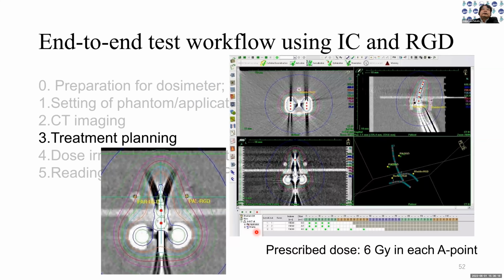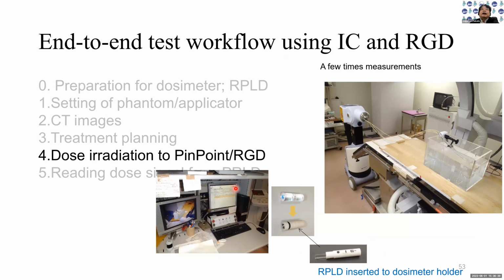And we ask the operator or medical physicist in that visited hospital to make a treatment plan. For example, I ask that the prescribed dose is 6 gray at each A point. And so we irradiate those to the pinpoint chamber or RGD.